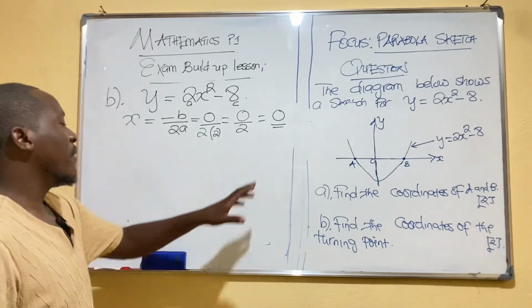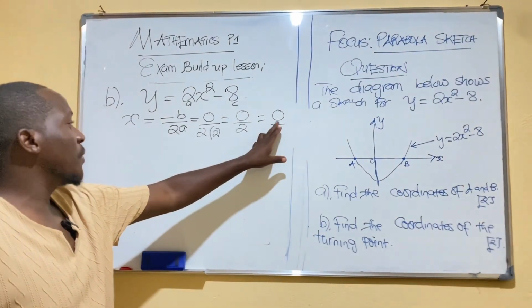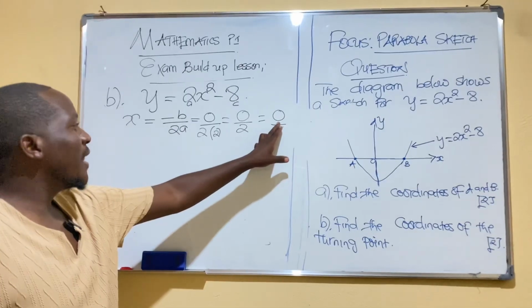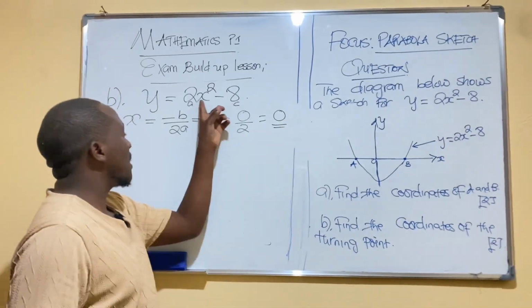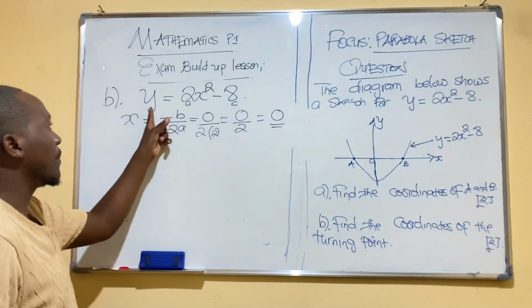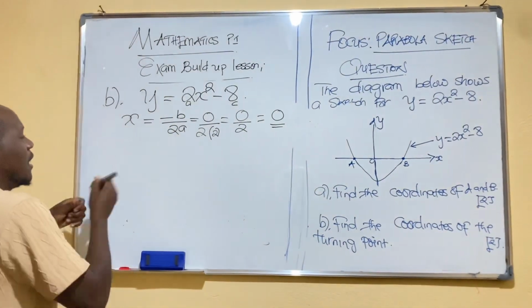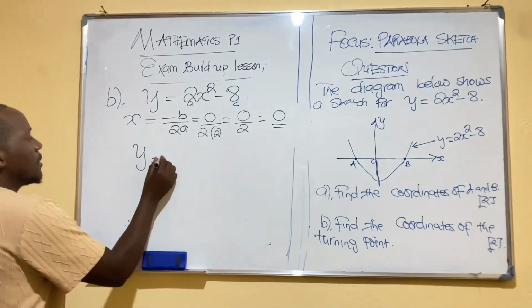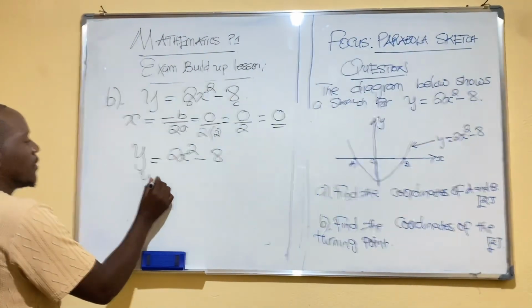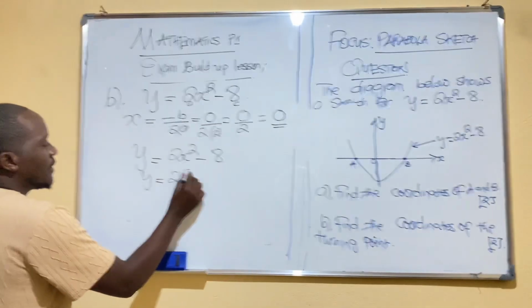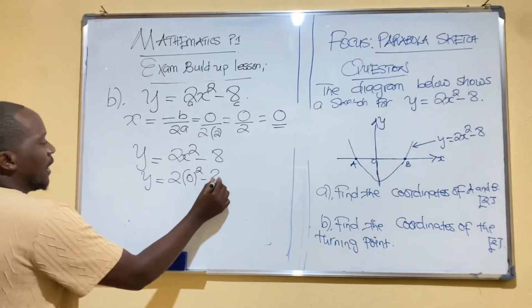And then when we find the value of x, which is 0, it's important now that we replace it in the actual equation where there is x and find the corresponding value of y. So here we're going to say y equals 2x squared minus 8. So y equals 2, open brackets, 0 squared minus 8.